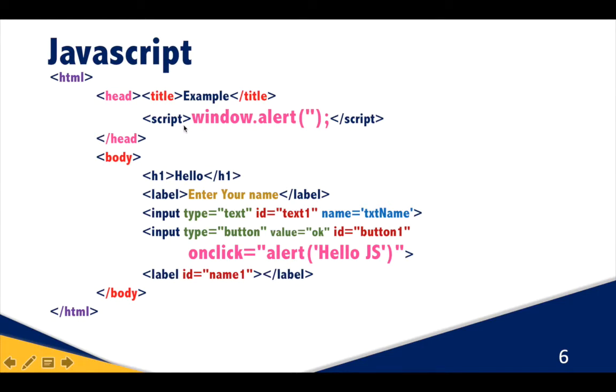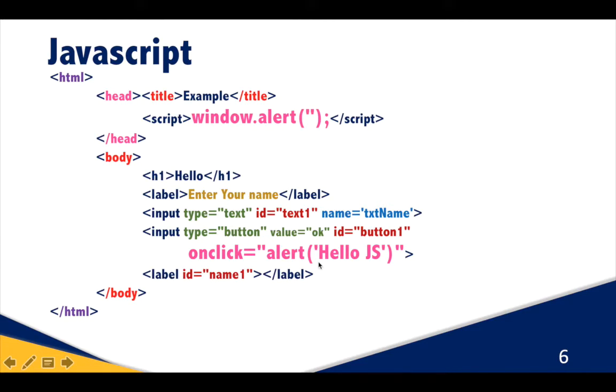So if you want to call script here, you can just put an open tag script, okay, and close tag here, and you can write any JavaScript here, okay? And this code will just run because there is no function call from the on click. You will have two alert messages, alert here, and you can just leave the window, just call alert like this, okay?